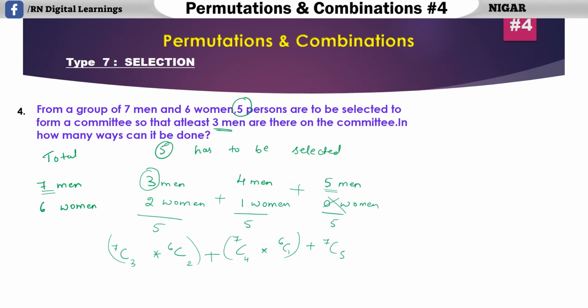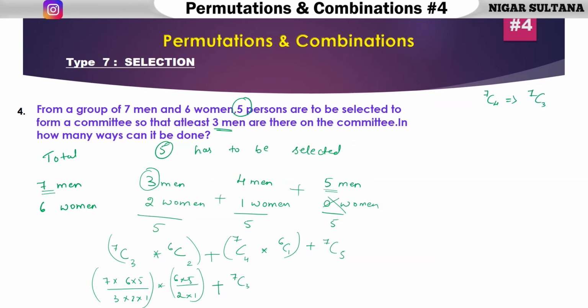I have told you 7C3 can be written as 7 into 6 into 5 divided by 3 into 2 into 1, into 6 into 5, just 2 numbers, then 2 into 1. Okay, plus this 7C4. 7C4 is the same as 7C3, that can be written as 7 into 6 into 5 divided by 3 into 2 into 1.